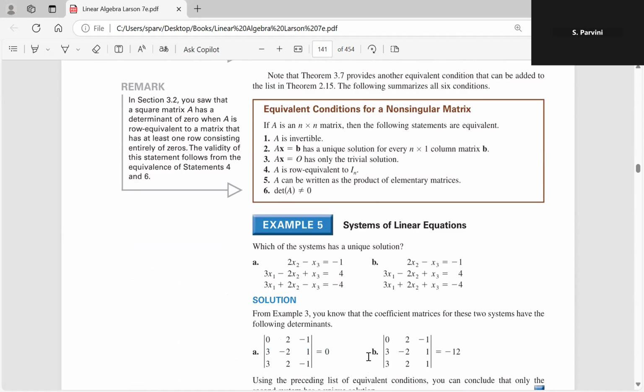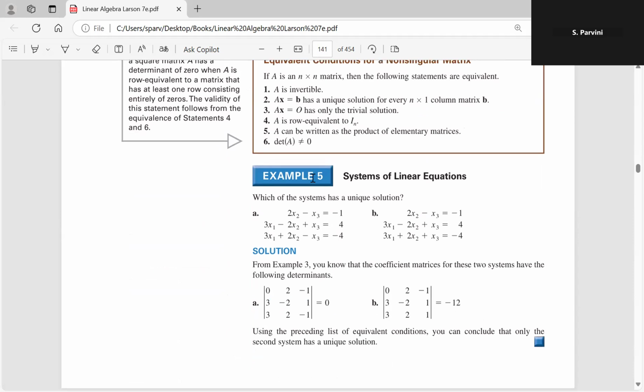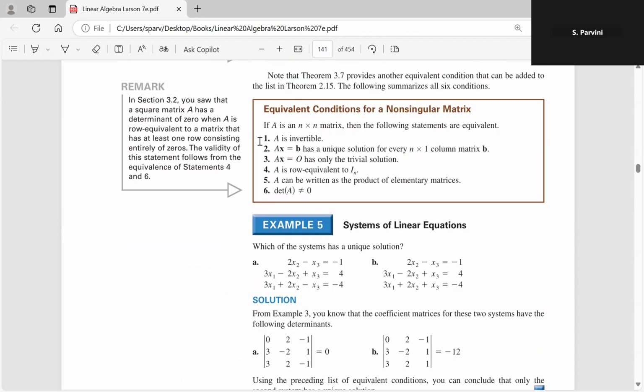And here you go. This is the important takeaway from the section. Prior to section 3.3, we had items 1 through 5 already. And then once we added the determinant, we can add one more to our list of equivalent conditions. So if A is invertible, that means the determinant of A is not 0.